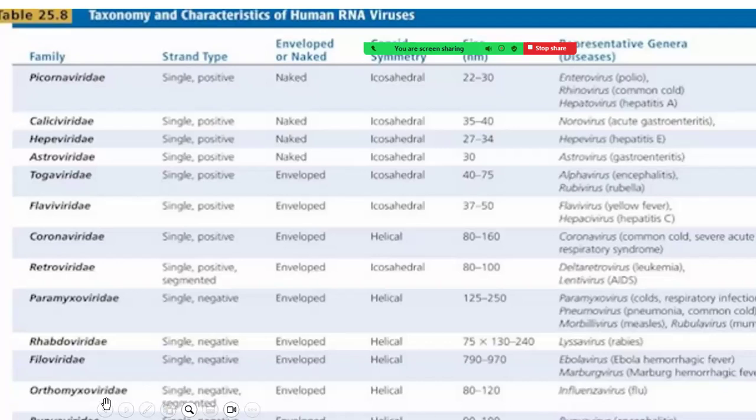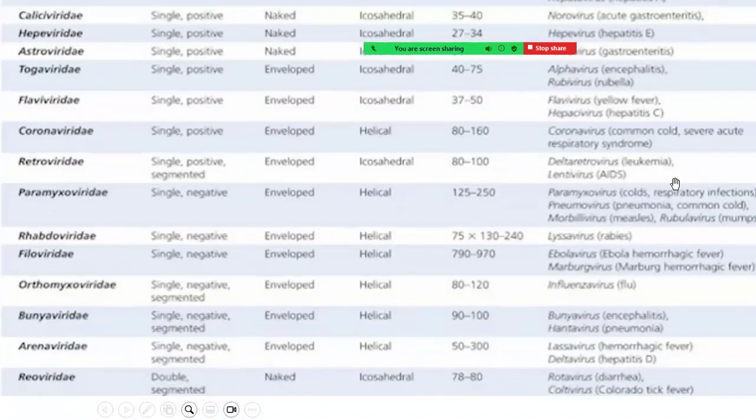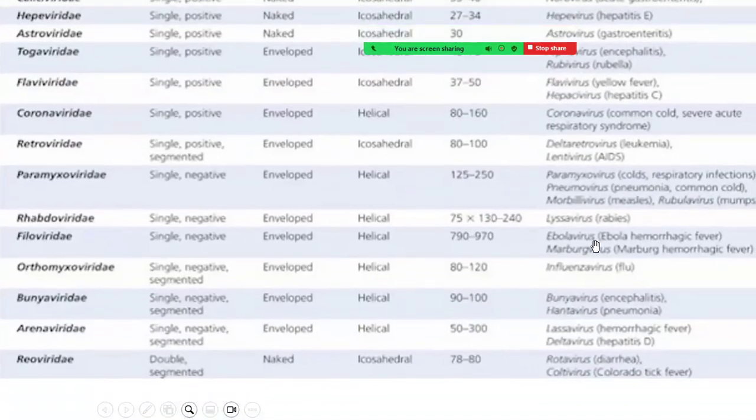This is the family of viruses that cause the flu. And I guess that's all you need to know. Let me shrink that down so I can go down here. And we're not going to talk about any of the others. Okay. Any questions about any of them?